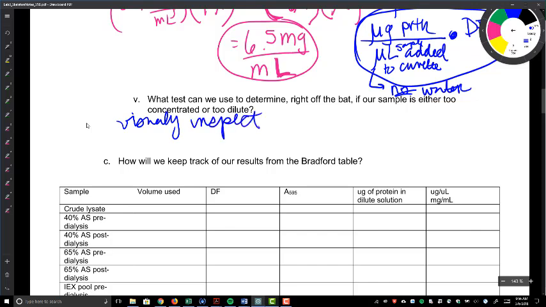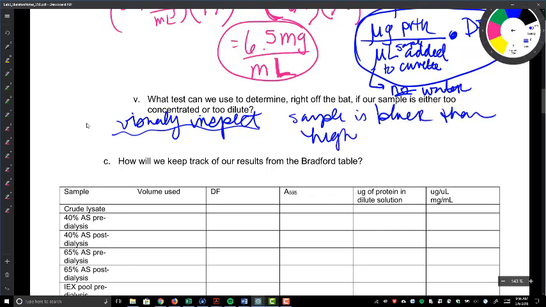And you guys are doing this all along when you're monitoring the intensity of the blue. If one sample is bluer than your higher linear BSA standard, if it's obviously bluer, even if it's close, don't wait around to read it.